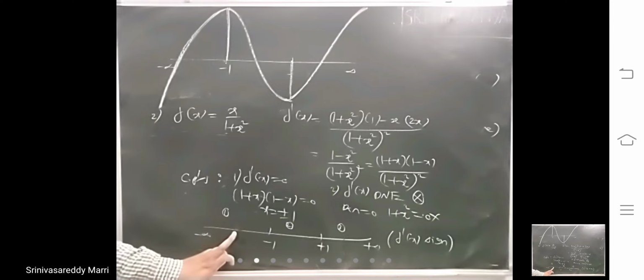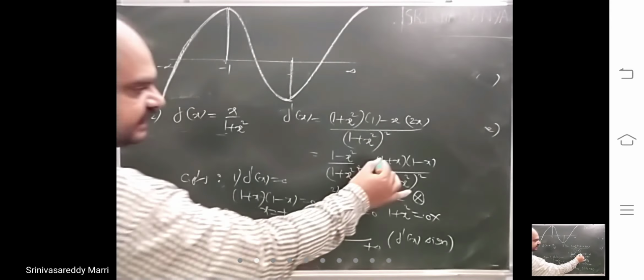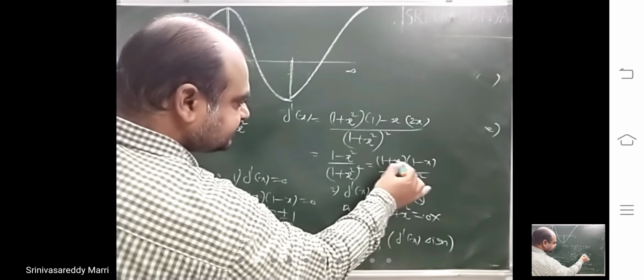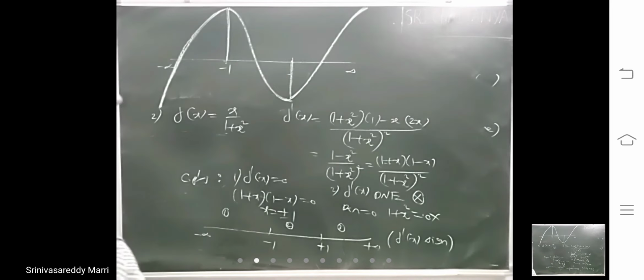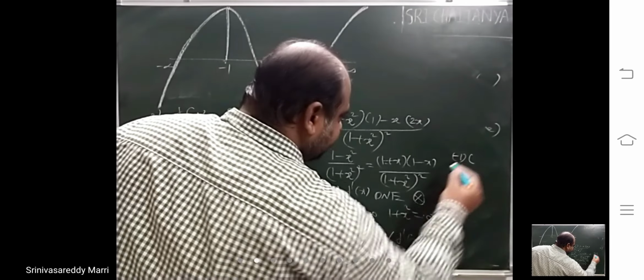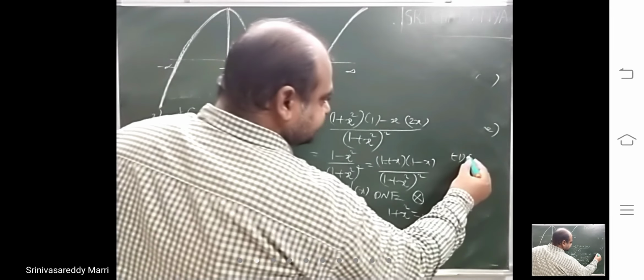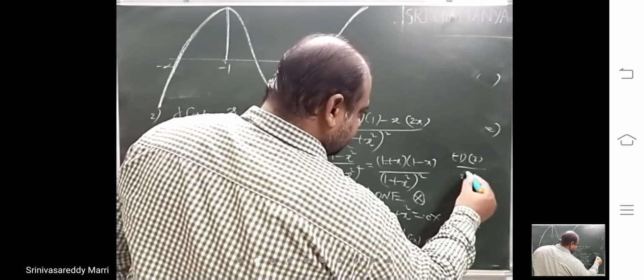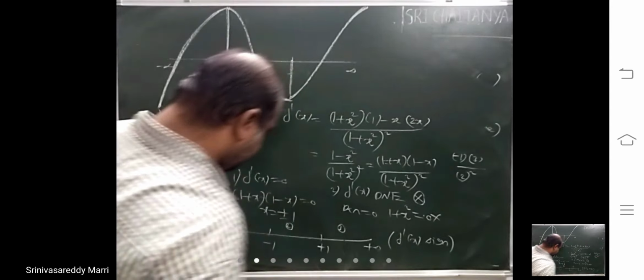Minus 2 is there. Substitute here in f dash x, whether it is positive or negative. Minus 2 plus 1 is negative, minus 2 minus 1 into 1 plus 2, 3, divided by a square. That means you got a negative value.